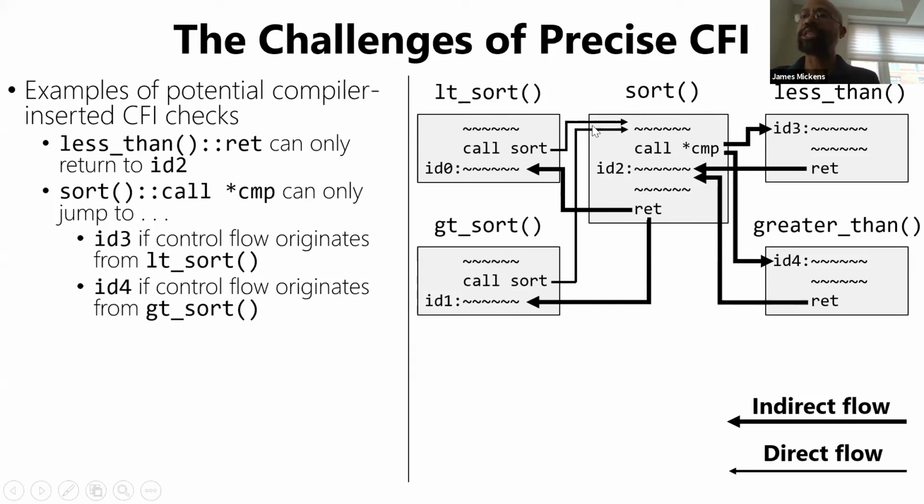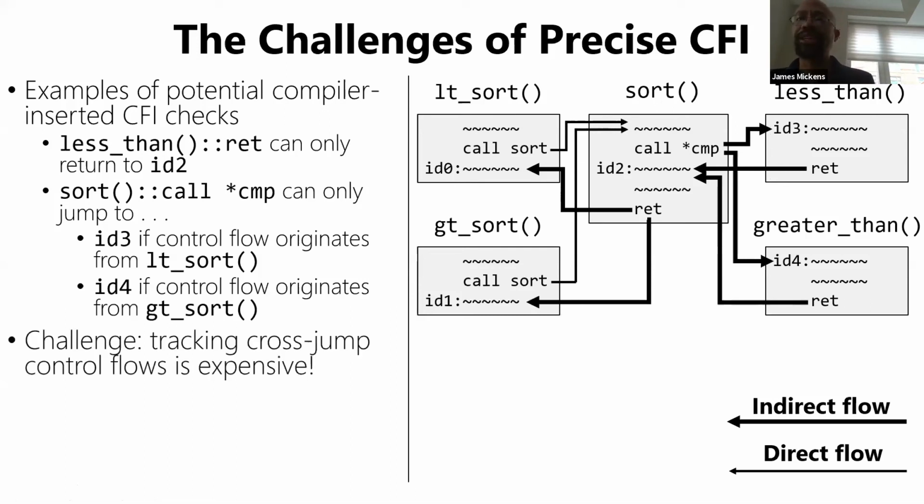It would be inappropriate for this call instruction in sort to go to ID 3 if sort had been invoked via a call to greater than sort. So analyzing the correct control flow for this call instruction in sort is dependent on some prior history. Now there's a challenge here, which is that tracking cross-jump control flows is expensive.